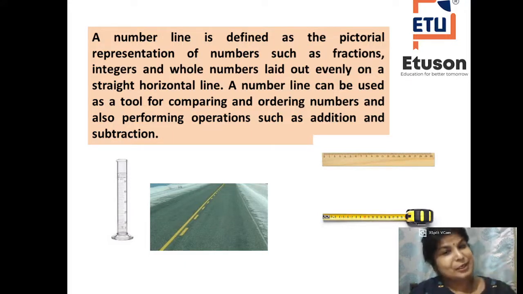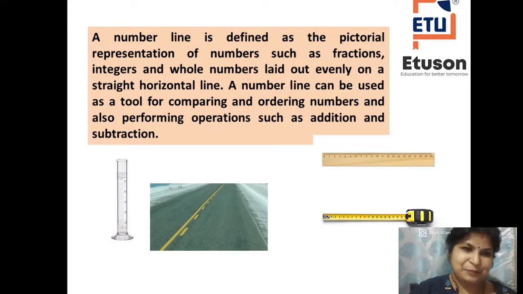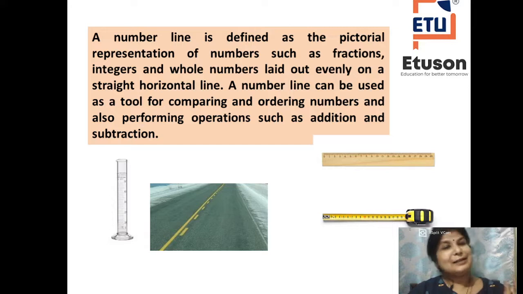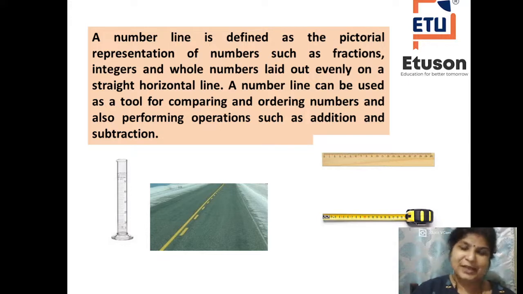That also you can compare, and also you can perform certain operations such as addition and subtraction. So with this I think the concept of number line, the definition of number line is clear to you, correct? So now let us go to the actual topic which needs to be discussed for your class.